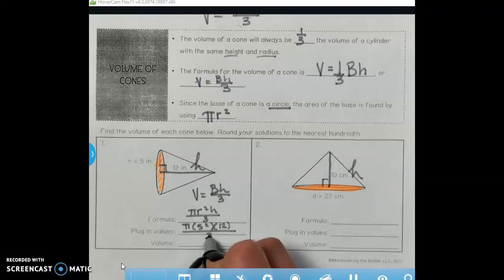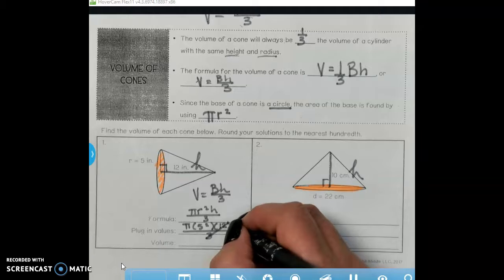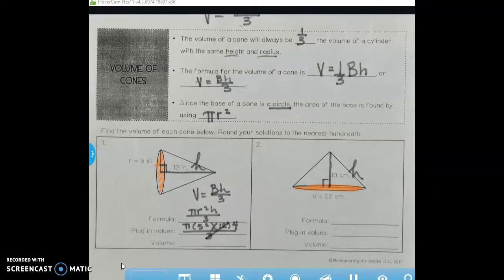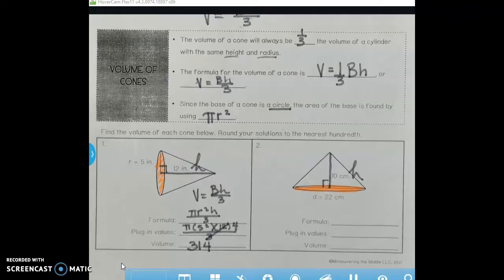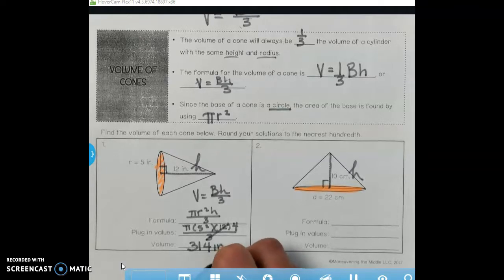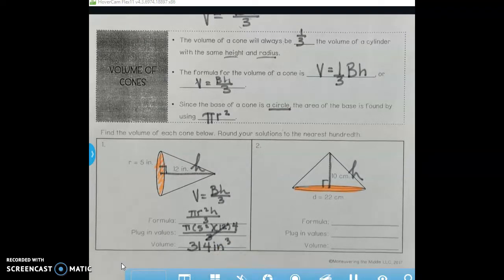For example, 3 and 12 reduce to 4. 5 squared is 25, times 4 is 100. Pi times 100 will give us a very nice number, 314 cubic inches.